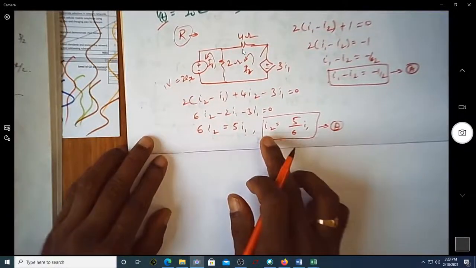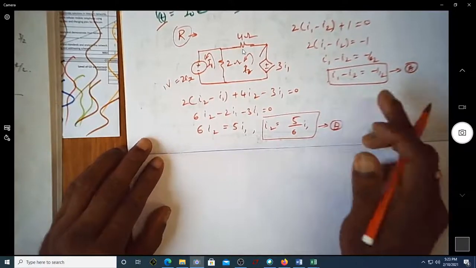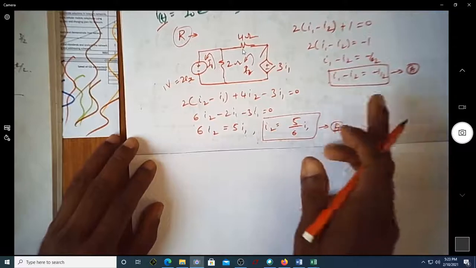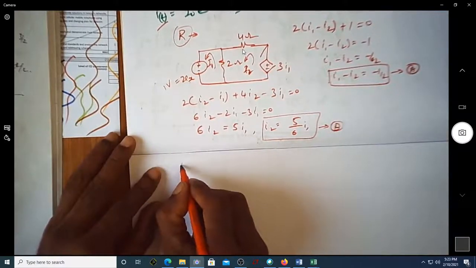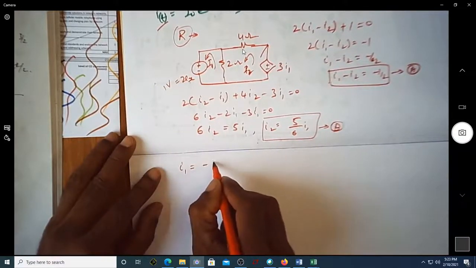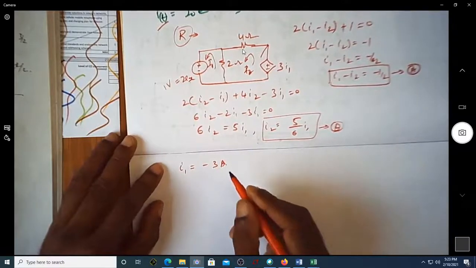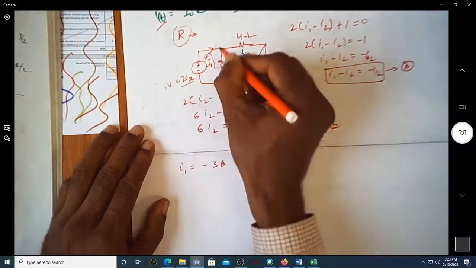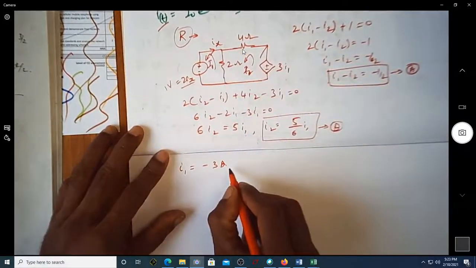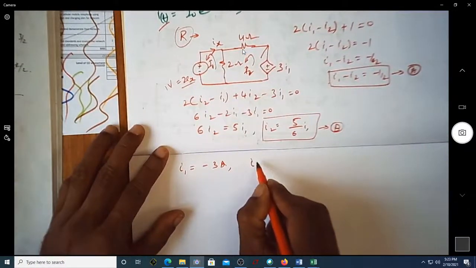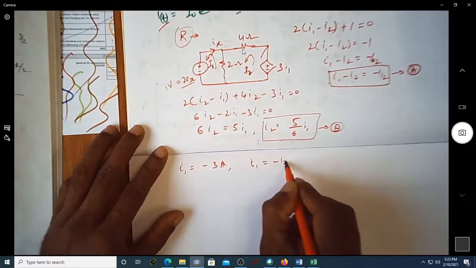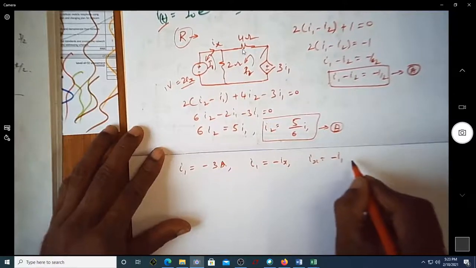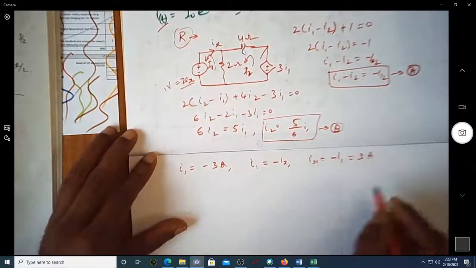Since you have two equations and two unknowns, you can easily solve for I1 and I2. Upon a simple calculation, you get I1 equal to minus 3 amperes. If I consider this as Vx and this as Ix, then Ix is equal to minus I1, which is 3 amperes.